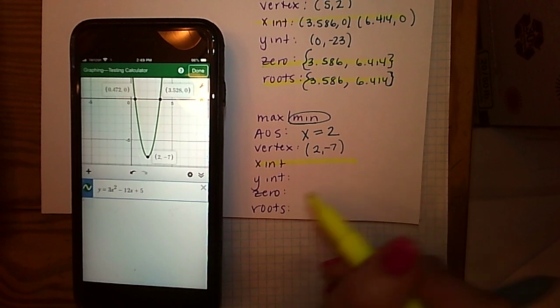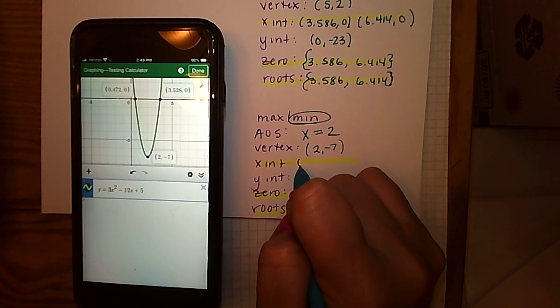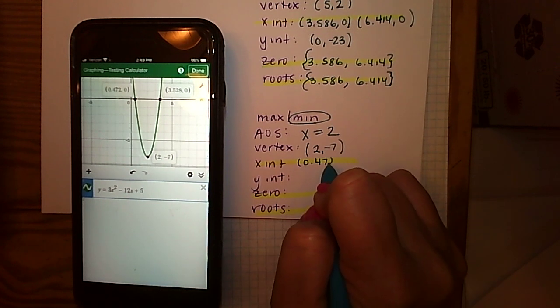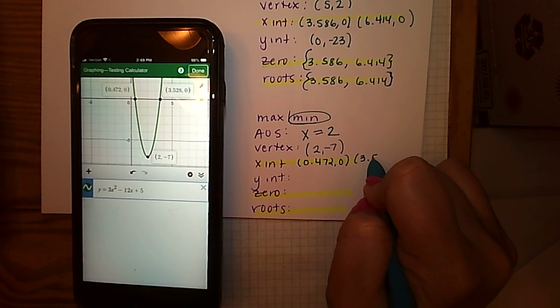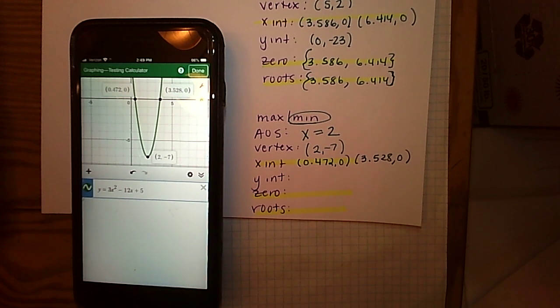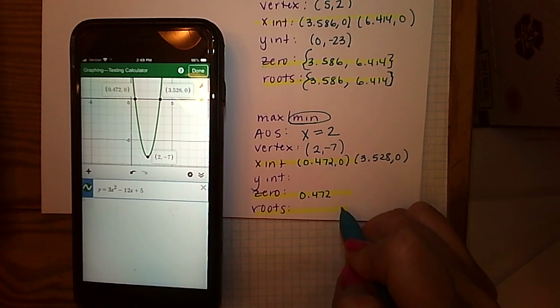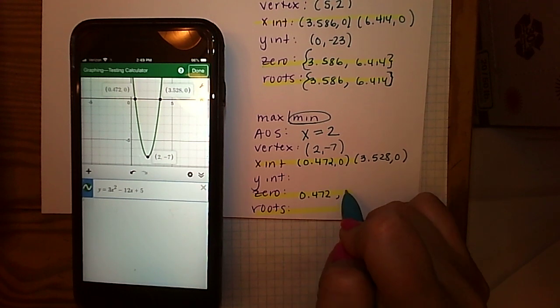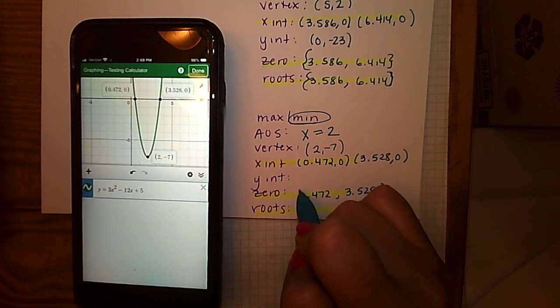We know that the x-intercept, the zeros, and the roots all have the same answer, which again is an ugly number here. So it's 0.4720 and 3.5280, which right away means my roots are 472 thousandths and 3 and 528 thousandths, and so are my roots.